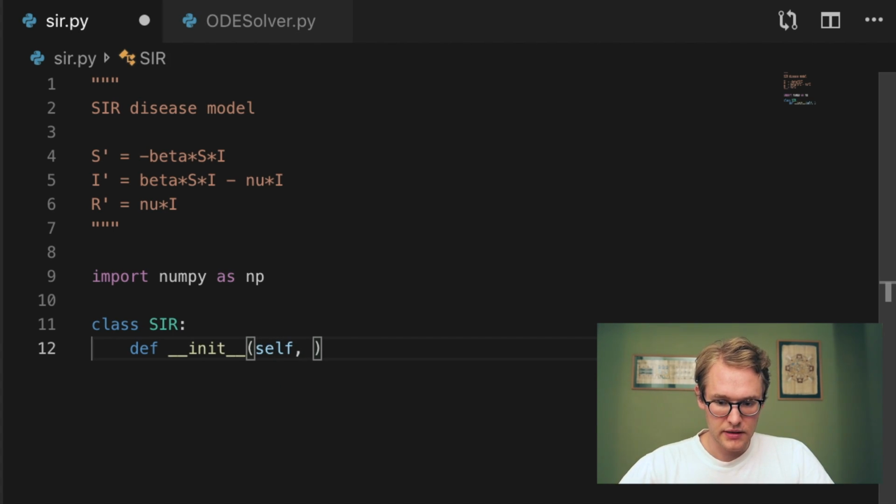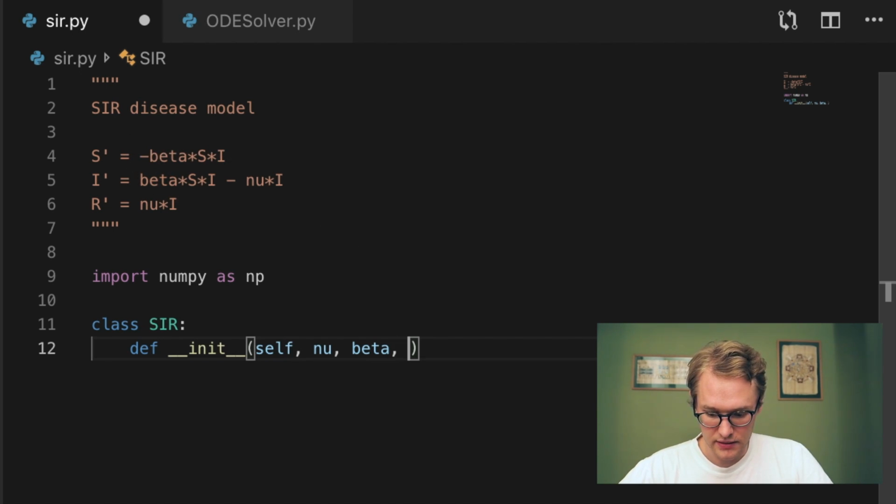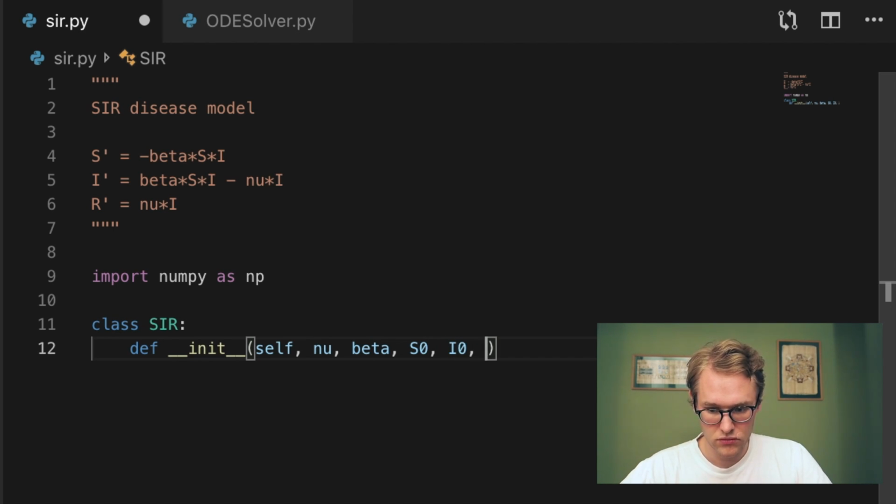So we need a transition rate nu that defines how we go from infected to recovered. We have beta, which defines how we go from susceptible to infected. And we also need the initial conditions.